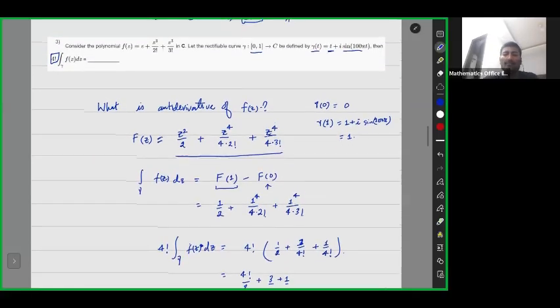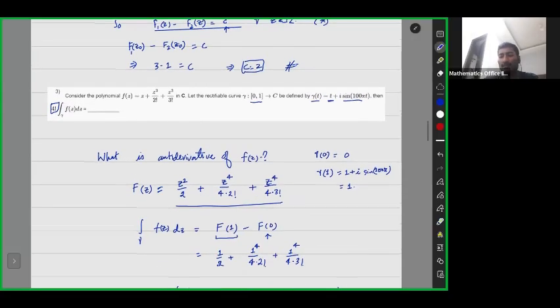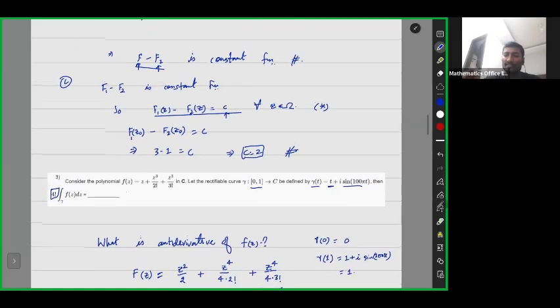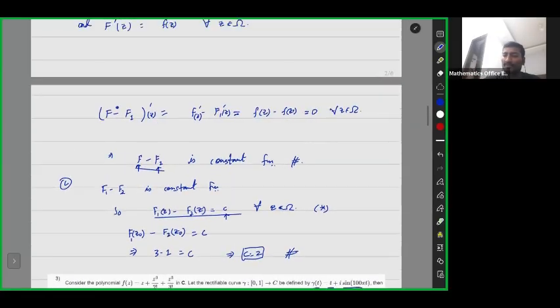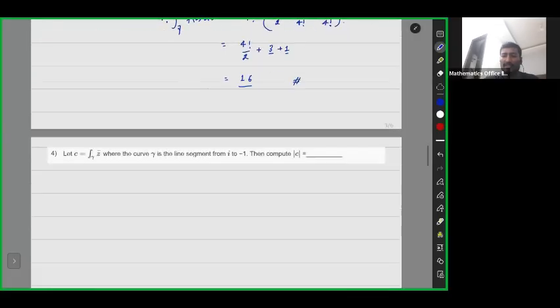Use change of variable when we don't have an antiderivative. When we have an antiderivative, we use the antiderivative method, just like this question.